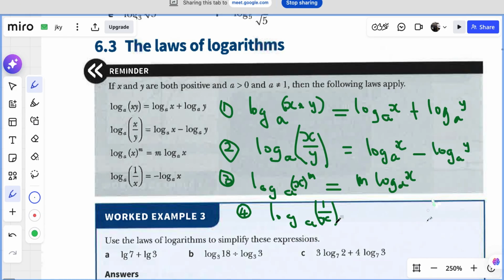You know in math sometimes we don't write the 1, so instead of writing minus 1, just say minus log a x. This is very important, put it down. Minus log a x. Okay, so that's the fourth law.